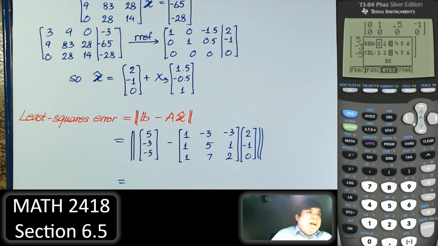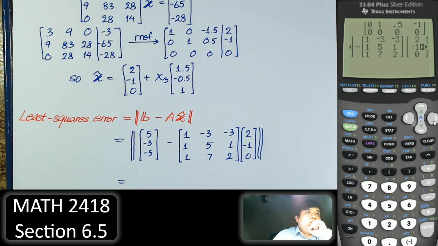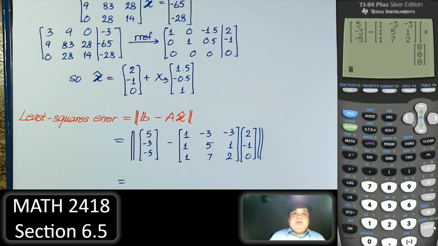Didn't know we can enter a matrix inside a matrix like that. 2 and negative 1. Do that and we have 0, 0, 0.